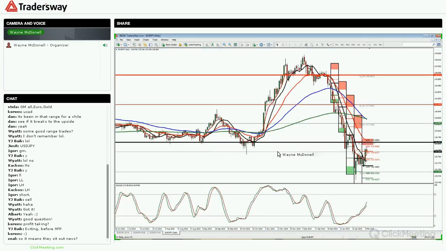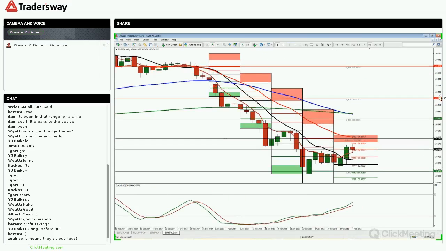Or if you wanted to sell euro yen, okay, look at this. There might be some short-term up, but wouldn't you agree that this monthly central pivot point looks like it could be resistance in the future? Zoom in here. What about the 21 EMA?